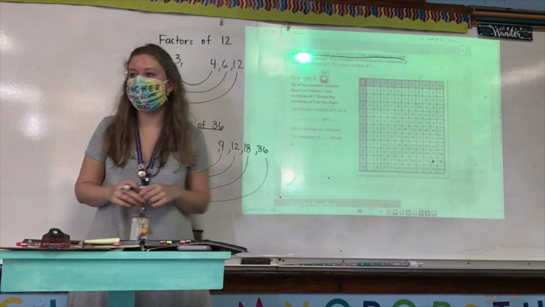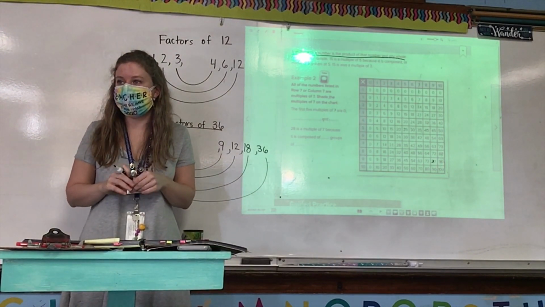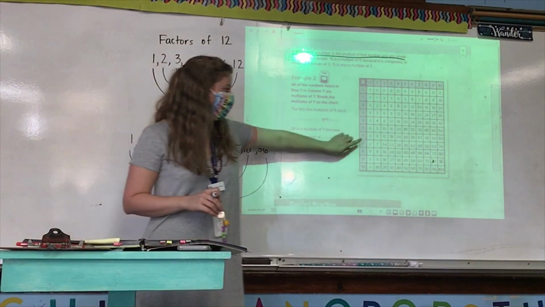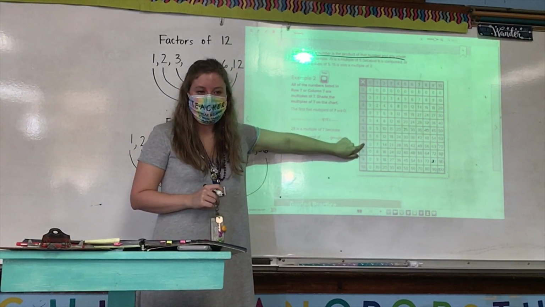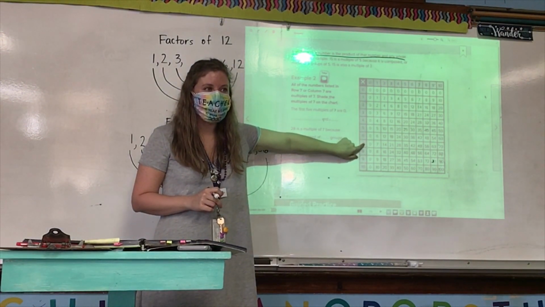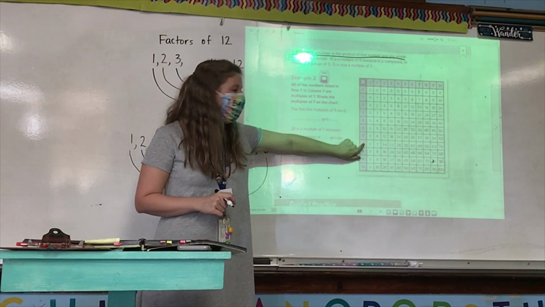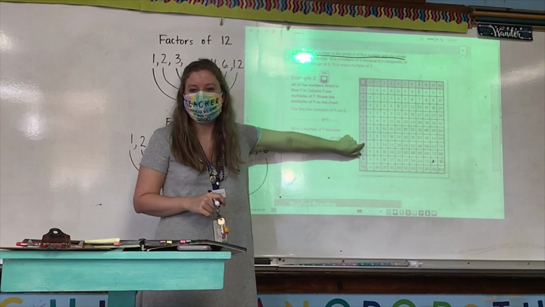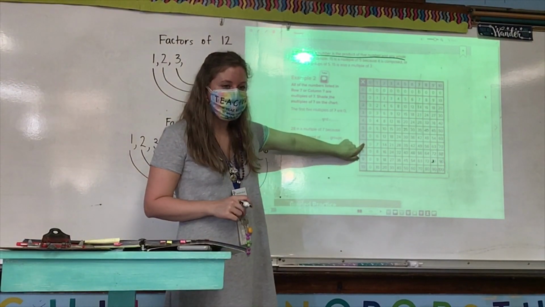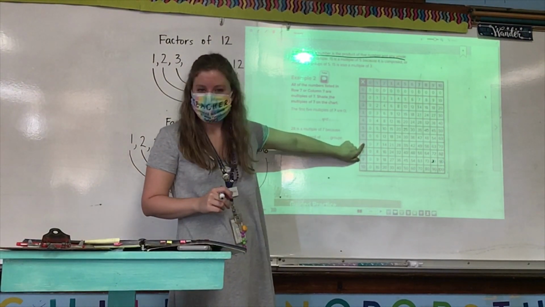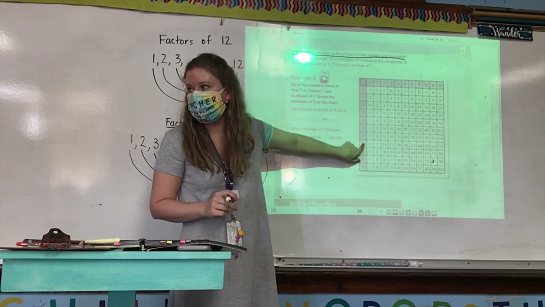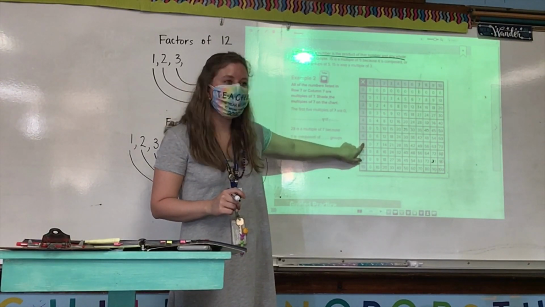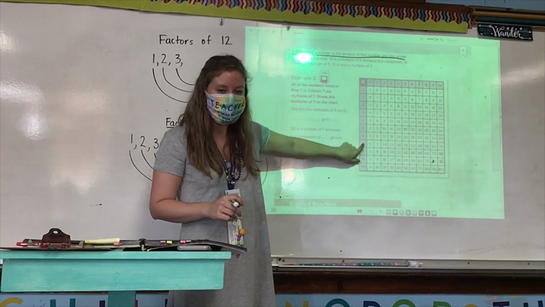Okay, so everybody's finger should be on where row 7 begins. Row 7 begins right here. Now, put your finger on the place where column 7 begins. Don't take your finger off row 7, so use your other hand to put your finger on the place where column 7 begins. So one hand should be where row 7 begins.